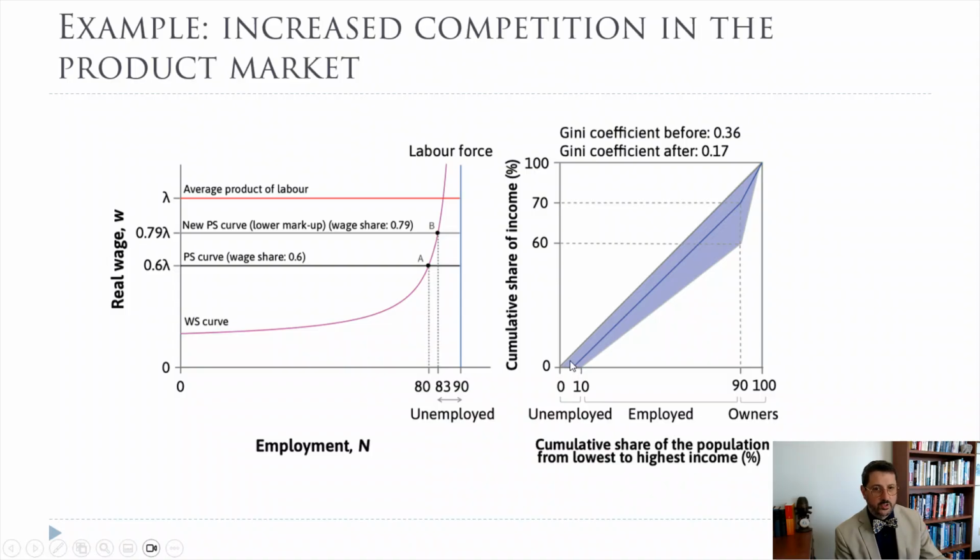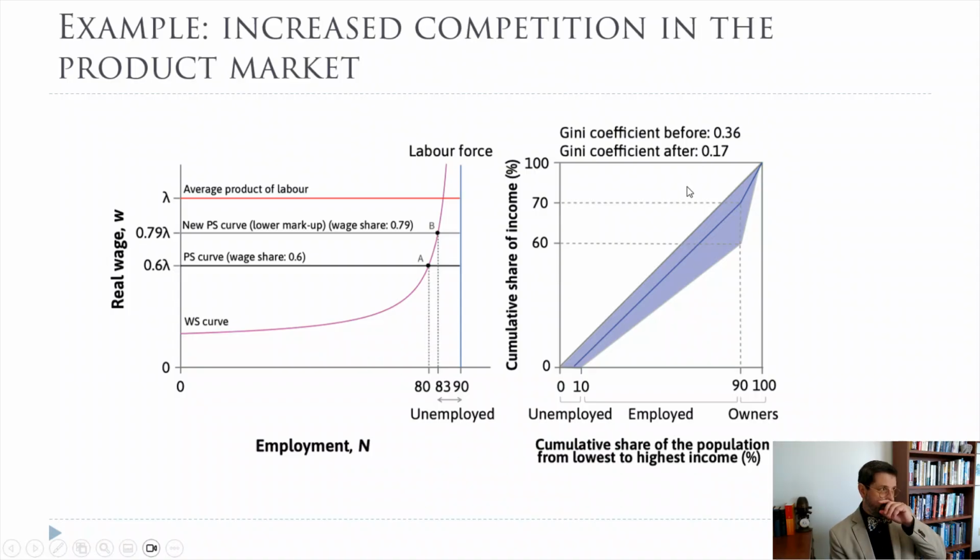That's the people who are still unemployed that aren't earning any income. And we go up here now to 70% instead of 90%. And then the last 10%, the owners still get their profit, but that profit is lower. And in this case, our Gini coefficient has fallen from 0.36 to 0.17.